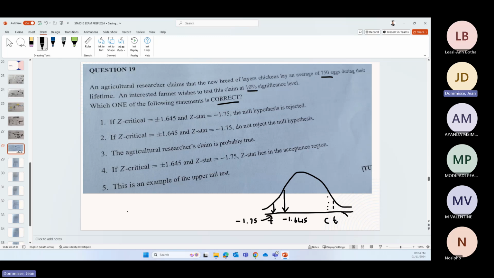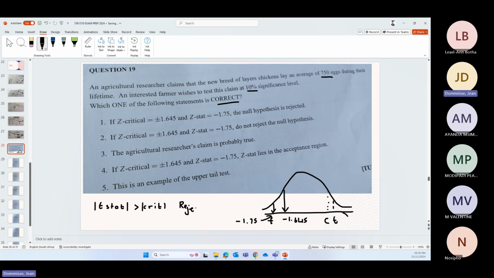So let's just write out. If the T stat, and I always say the positive T stat because that's just easier, is bigger than the critical, we reject the null hypothesis.